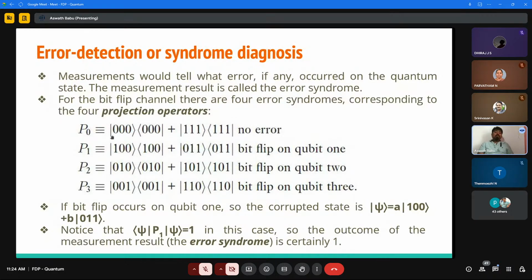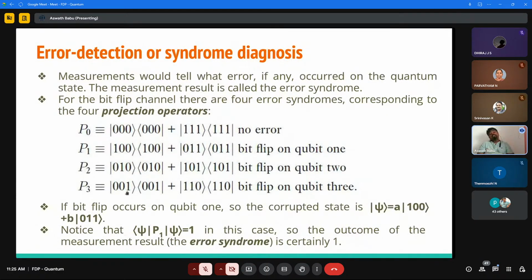P naught acting on the quantum state, if I get probability 1, means no errors have occurred. P1 acting on psi giving 1 means the first bit got flipped. If you act P1, P2, P3, only one of them is going to give you 1.